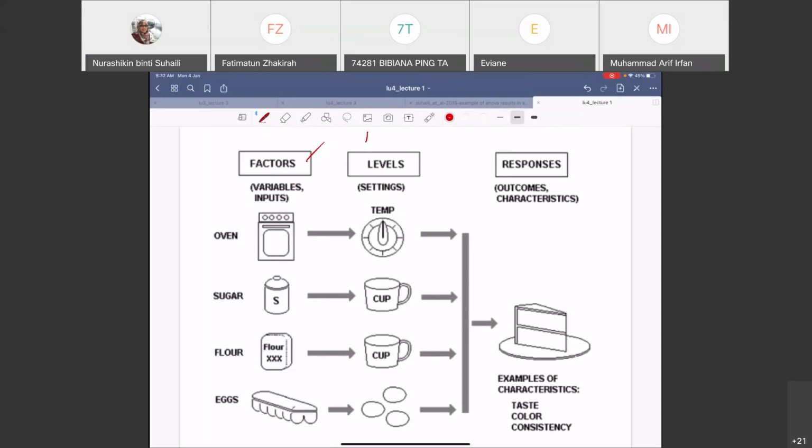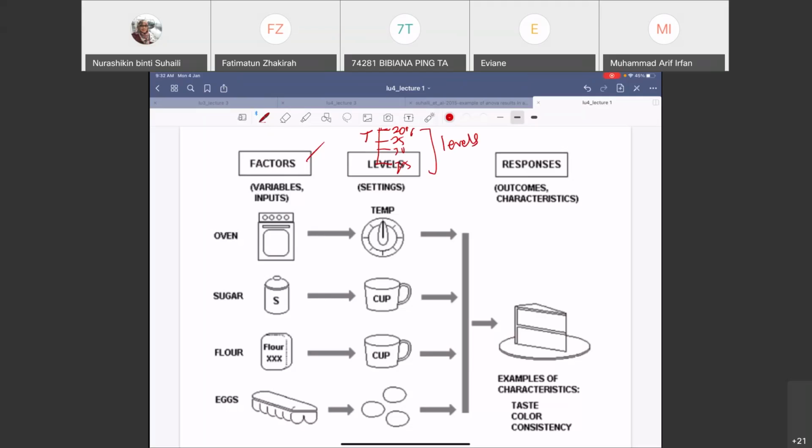Temperature is your factor, but you can test at different temperatures. You can set the levels for the parameter that you are analyzing. Maybe you set the temperature at 20 degrees, and then 25, 30, and 35. So these are what we call levels.